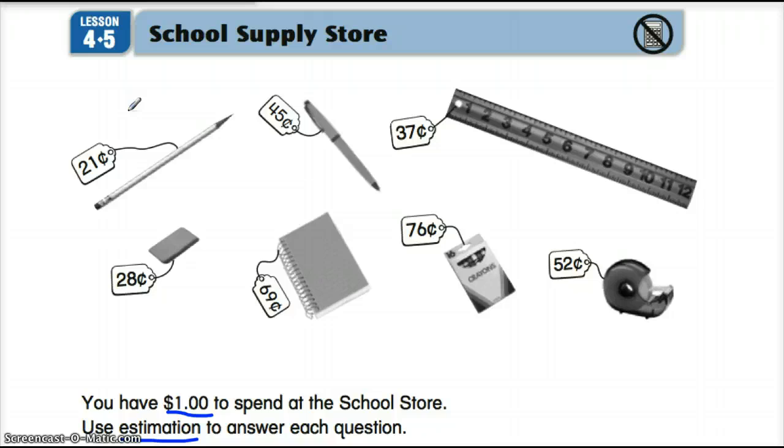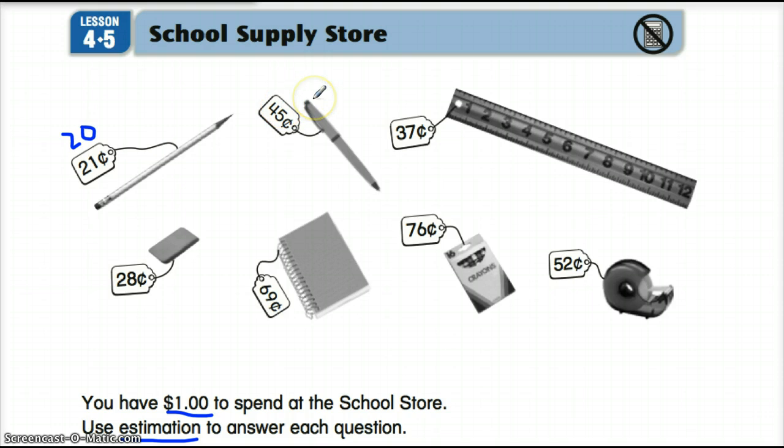So if you think about a number line, 21 is somewhere in between 20 and 30. Is it closer to the 20 or closer to the 30? And that one's pretty simple to answer. That one's closer to 20 cents, okay? I'm not going to write the cents symbols just because using this computer is a little bit challenging anyways, so that's one less thing I have to do, but we know that that's 20 cents.